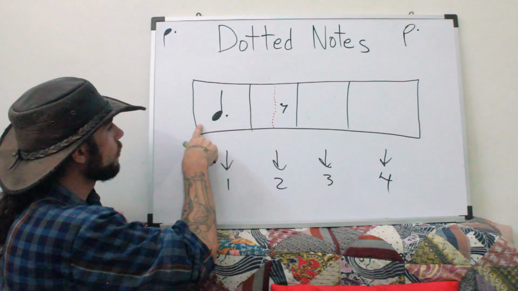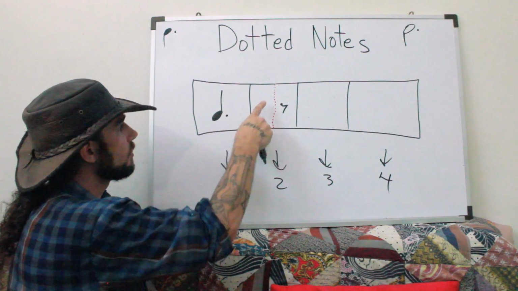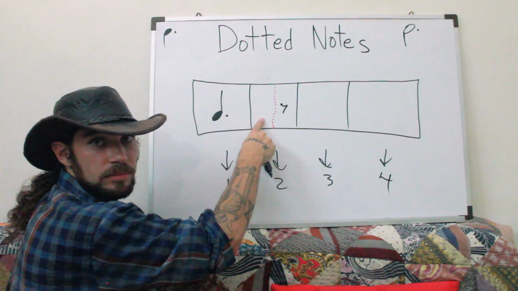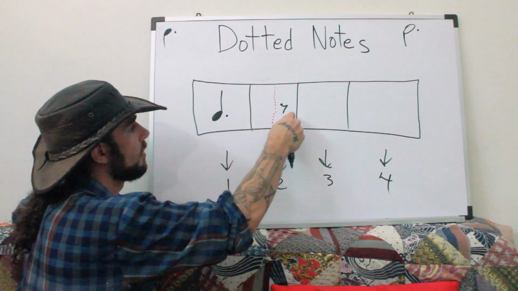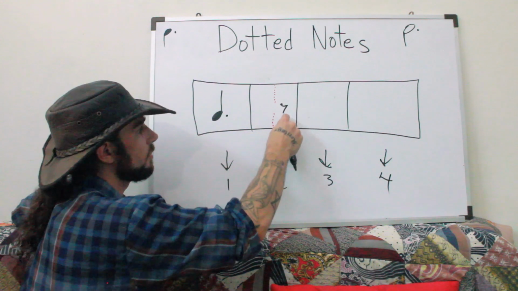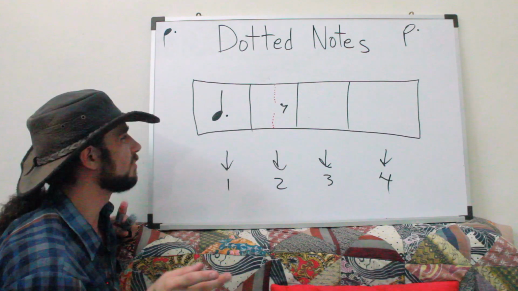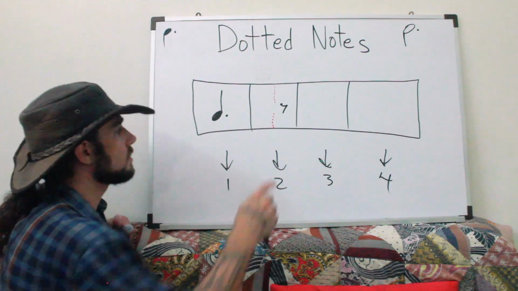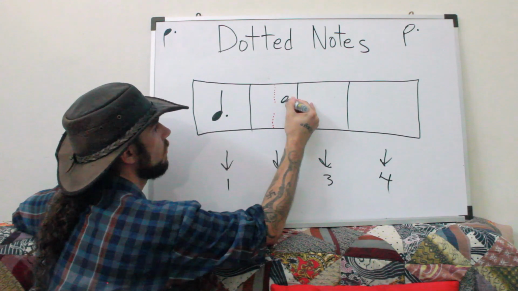So I've got a quarter note which takes this up. This dot represents this space here. And then now we have completed and created one beat by putting our rest here. So this would be a very common dotted 2-beat cliche that you can see. We could even put an eighth note here.